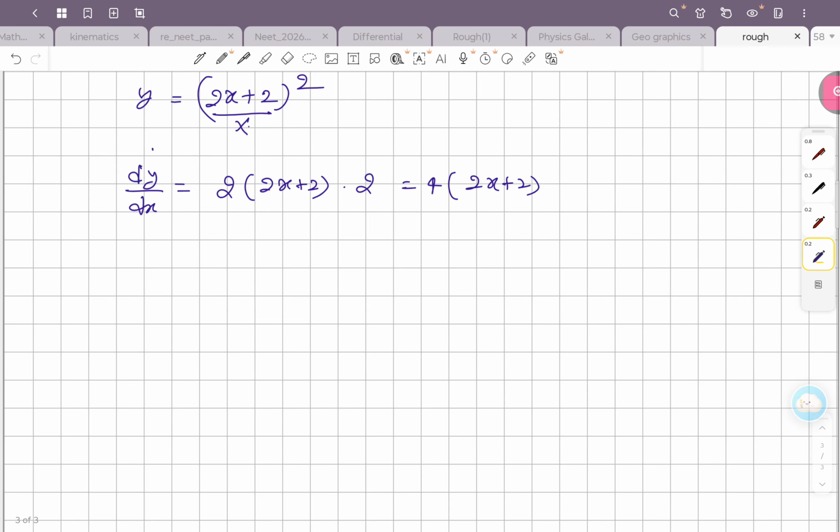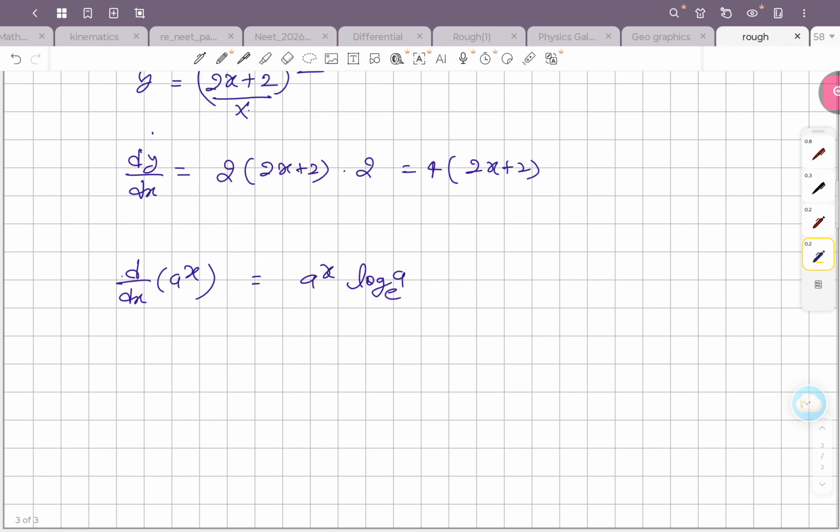And the next formula is the differentiation of a to the power x, which is equal to a to the power x log a to the base e. Fine. Suppose you are given d/dx of e to the power x.